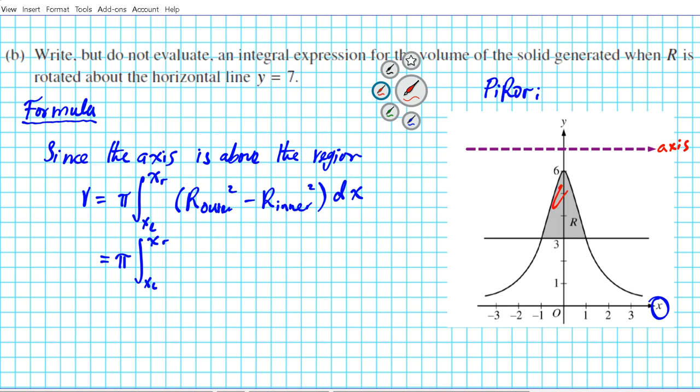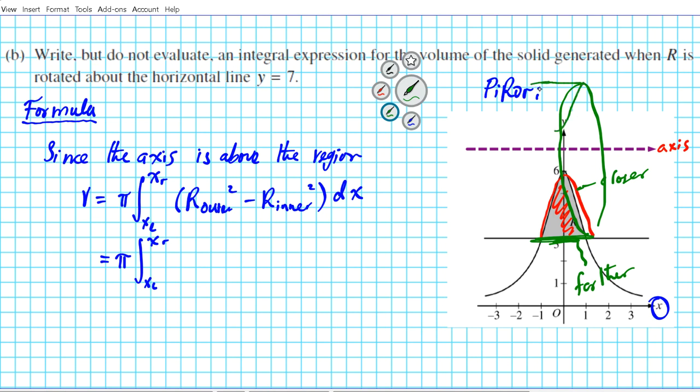Okay, so consider this region. You have this line here, and you have this other line here. Now, which one is closer to the axis of rotation? This is closer, right? So this one is closer, and this is farther. So what does that mean? When you rotate your region, let me show you what the region looks like. When you rotate your region around, that looks horrific, but just bear with me. You have your nice little curve, right?